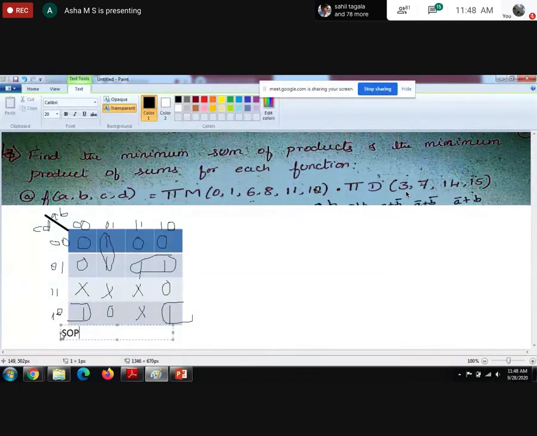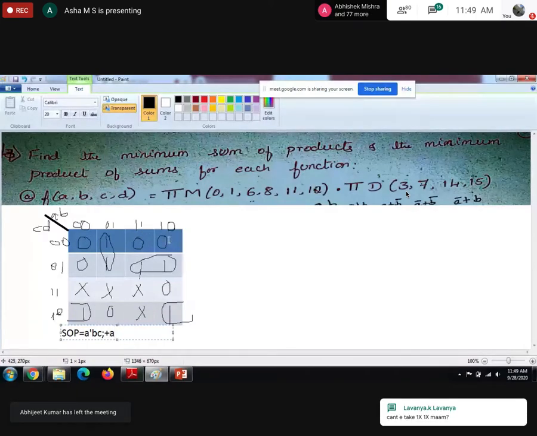SOP equals, I am going to write for this pair A bar B, D will get cancelled, then C bar, plus for this the B term will get cancelled. I am left with variable A is 1. So write as it is.